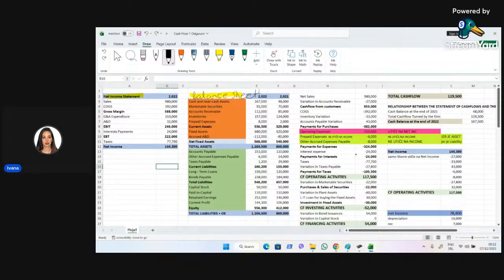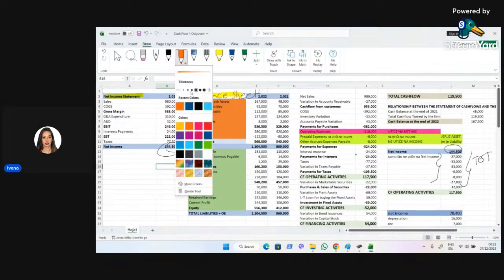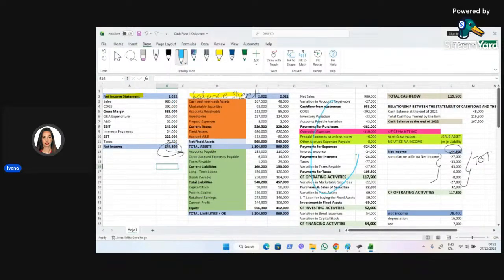Okay, and this is also a test. So net income. You take from here net income, and here you will put from your cash flow everything that doesn't have anything to do with the net income, just from balance sheet. So let's explain.